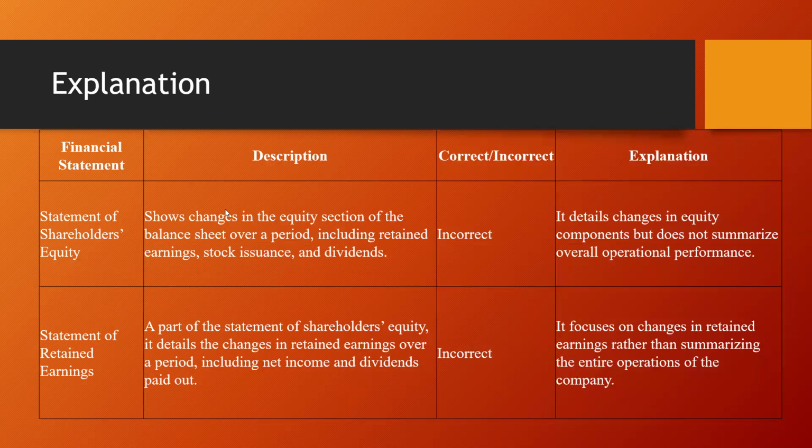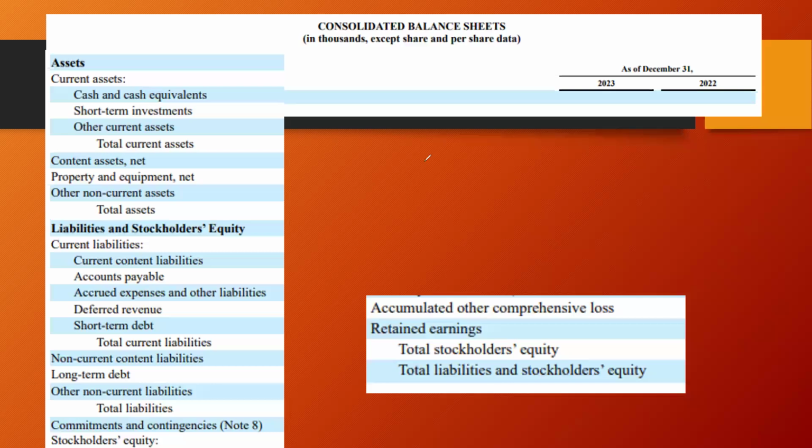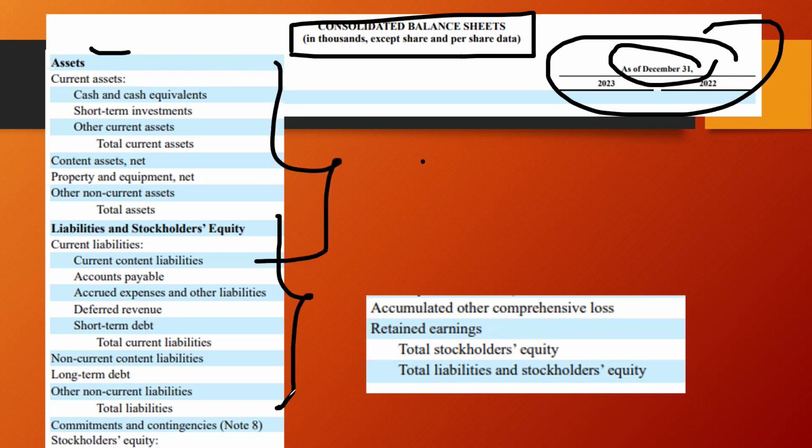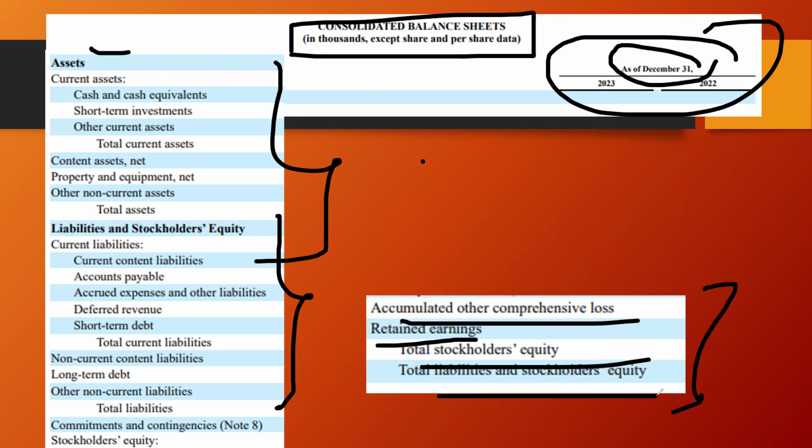So I have picked a few things to show you. This is the balance sheet, the consolidated one, as of 31st December. What will be the value? You can see the assets, the liquidity ratio, the liabilities, and it includes the accumulated other income and the retained earnings, total shareholders' equity, everything will be there.